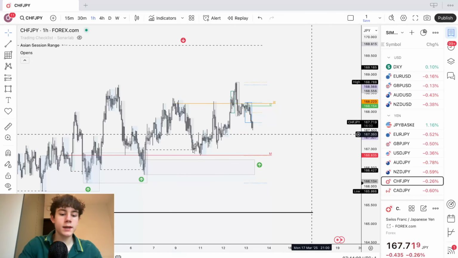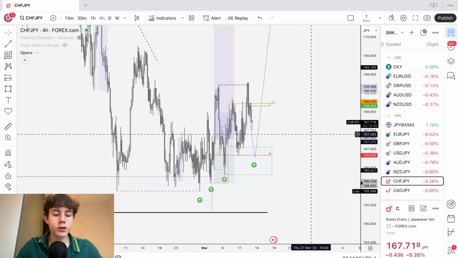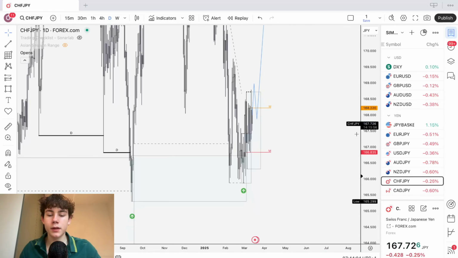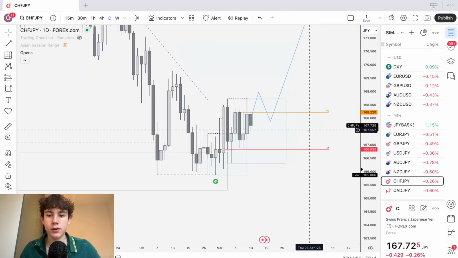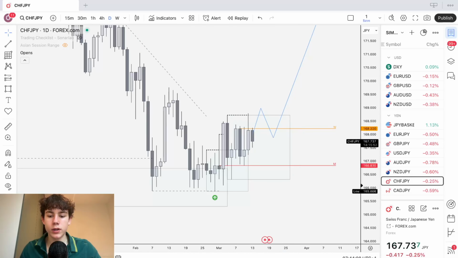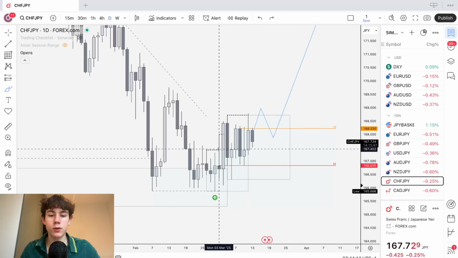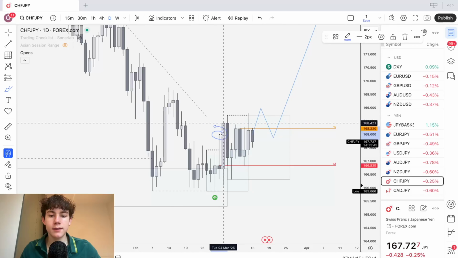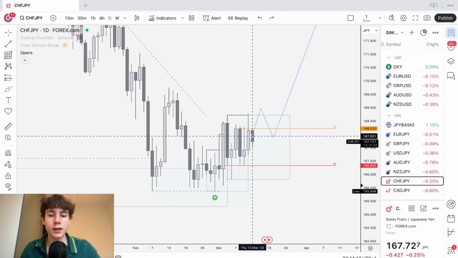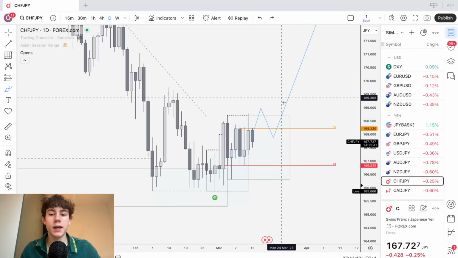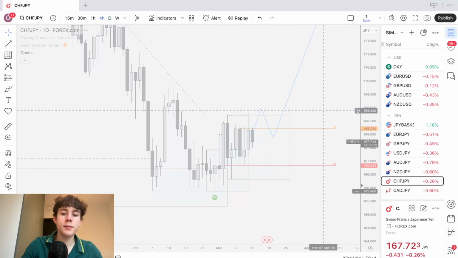Looking at Swiss yen, going over to the daily, it's a bit unclear, but we just broke the daily fractal yesterday. So once again, we got our first fractal, our second, and now we got even our third fractal break. So we can trade up higher, enough confirmation to trade up higher.